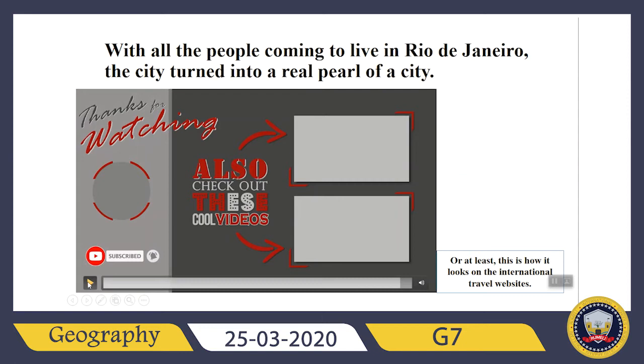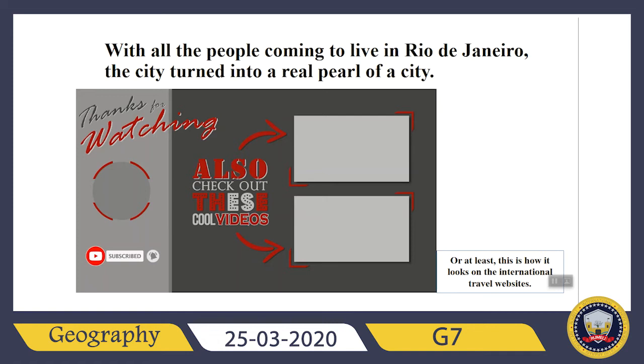Okay, so you all can easily see that with all the people coming in to live in Rio de Janeiro, the city sprawled along the coast, and it's huge, it's very big, it's very beautiful, right? Okay, and when you watch this video, you may be thinking, wow, I would like to live there too, or at least I would like to go and visit that place as a tourist for a week or two.